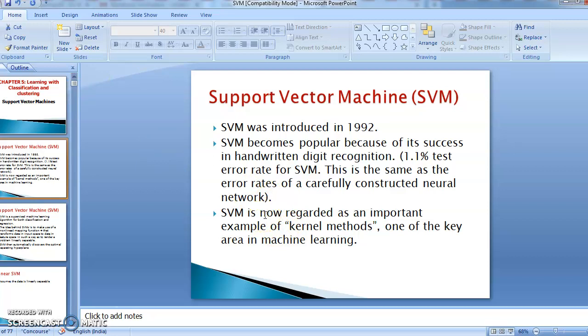SVM is well suited for points which are not linearly separable. Linearly separable means it is clear to separate those data points. But even if data points are not linearly separable, because of the kernel method of SVM, we can easily identify the class of that data item. That's why SVM is widely used.